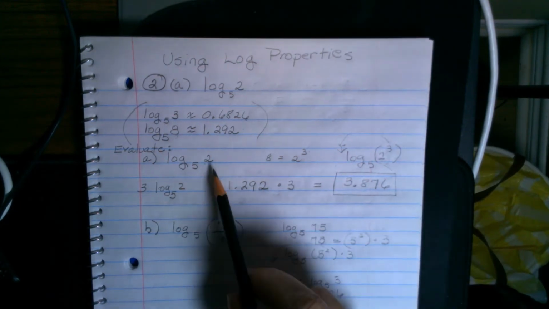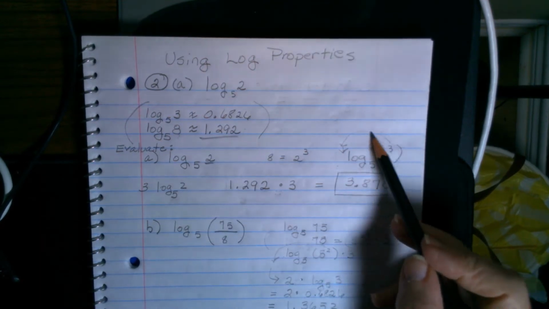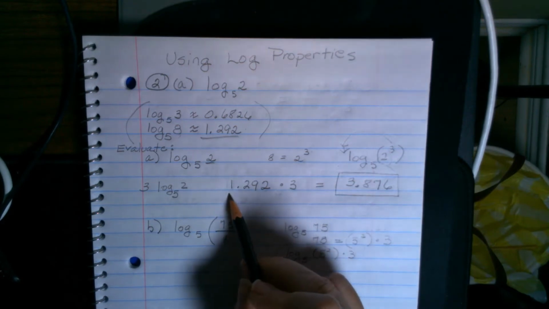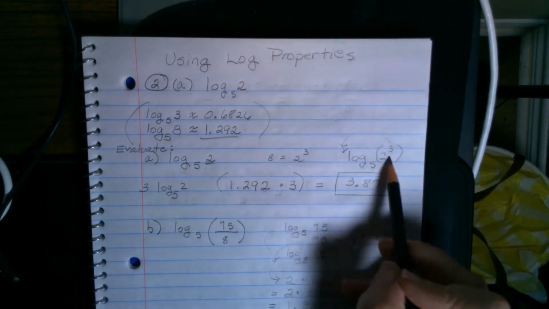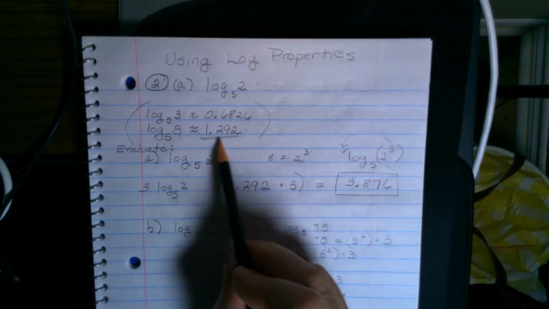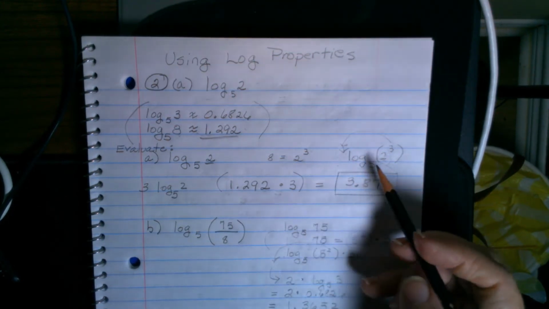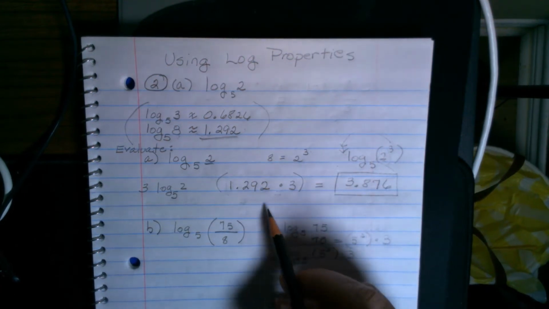So we're looking at log base 5.2. We have log base 5.8. So if we divide that by 3, let me go back and do that in my calculator because I multiplied. Normally you would multiply, but because I have log base 5.8, I need to divide this by 3. I'm not going to show you every step.